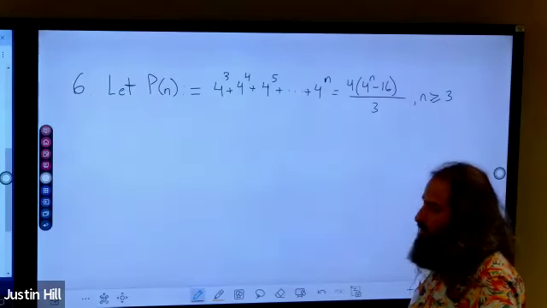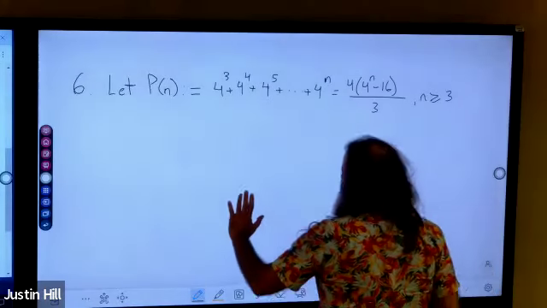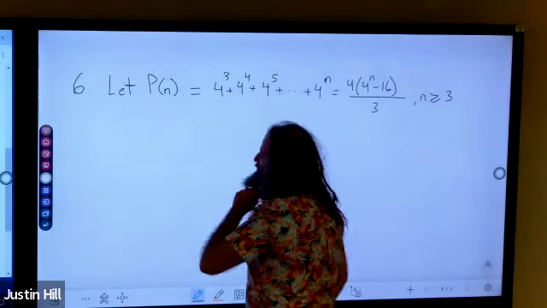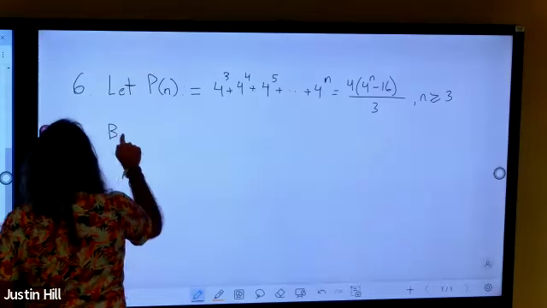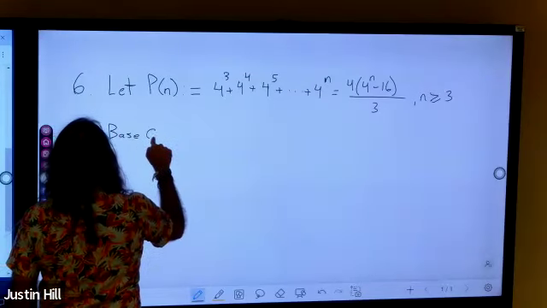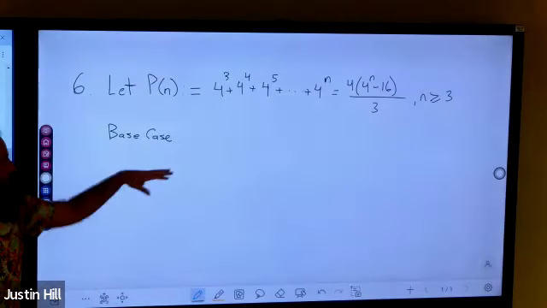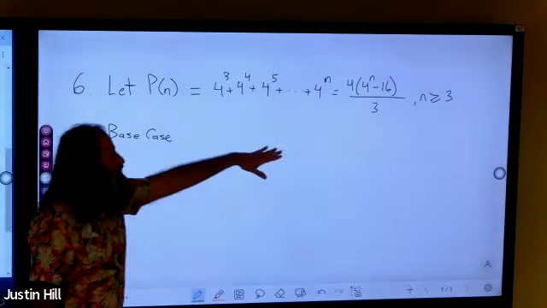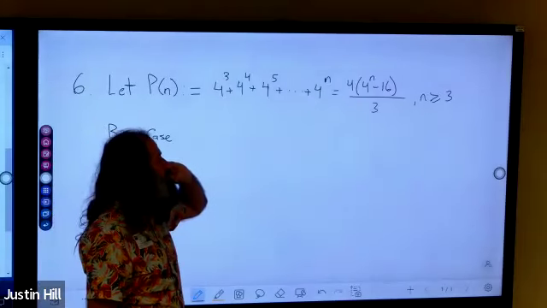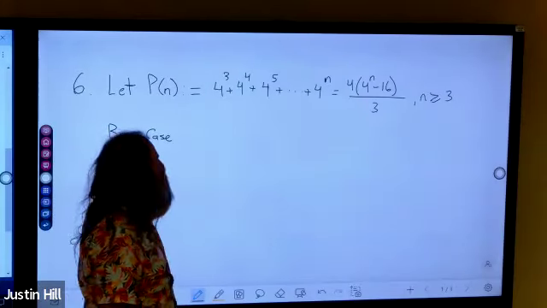Good. So to start making the inductive proof, we've got to start with the base case. First of all, what's the lowest integer that I can use here? Good, that's 3.